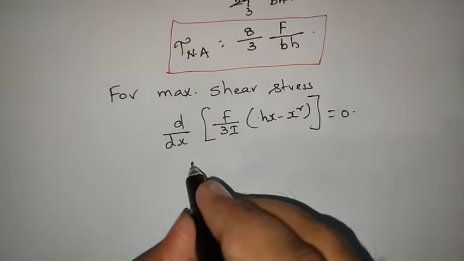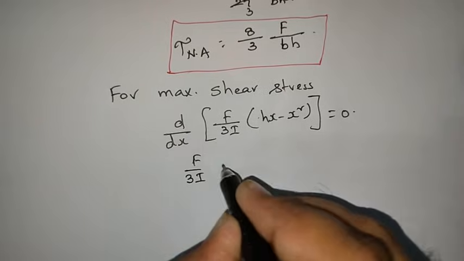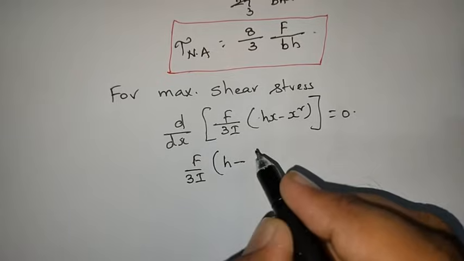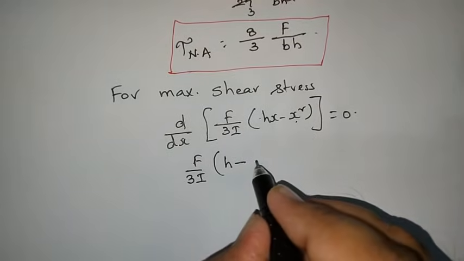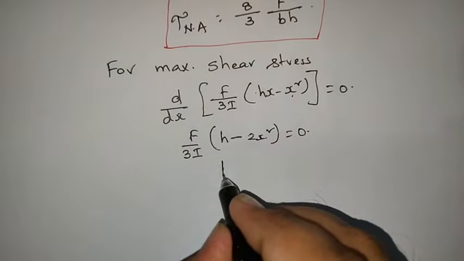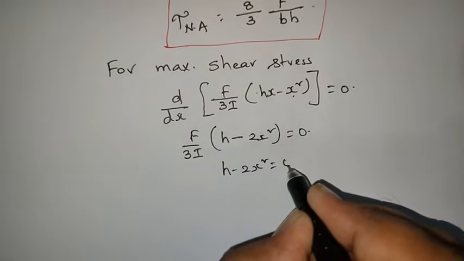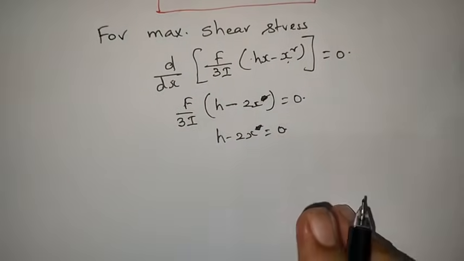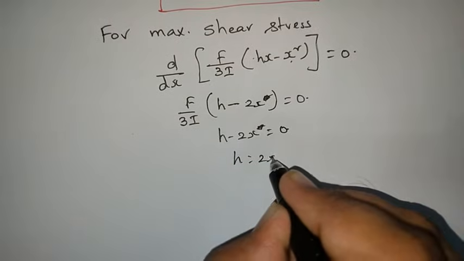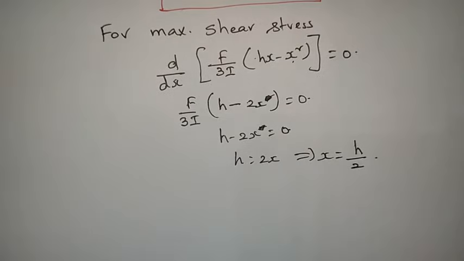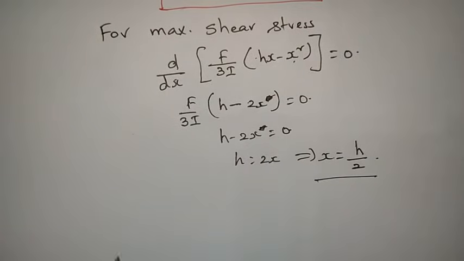Then F by 3I into, differentiation of hx is h, minus differentiation of x square is 2x, equals 0. Then h minus 2x equals 0. Then h equals 2x, or x equals h by 2. So at h by 2 distance the shear stress is maximum.